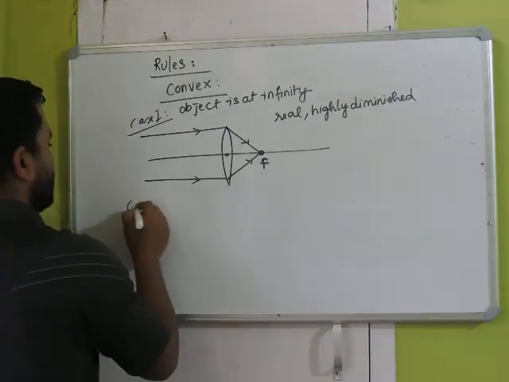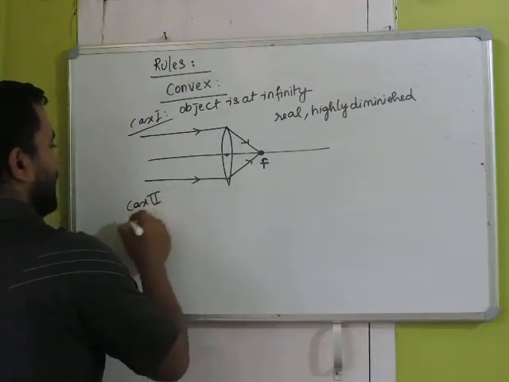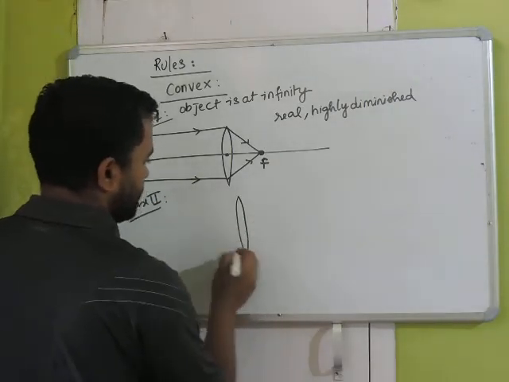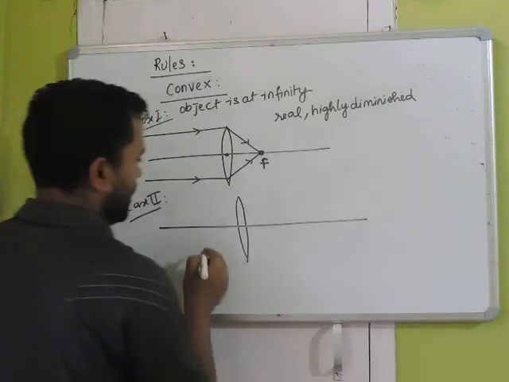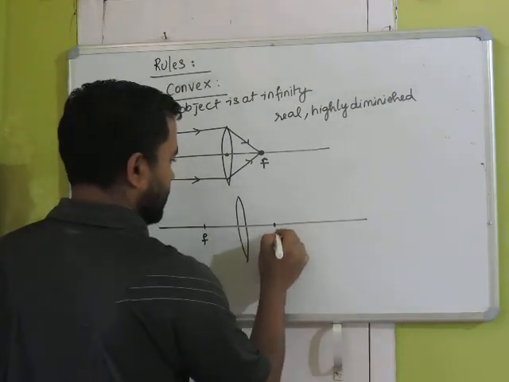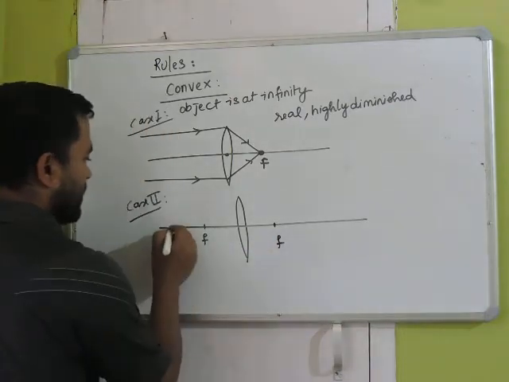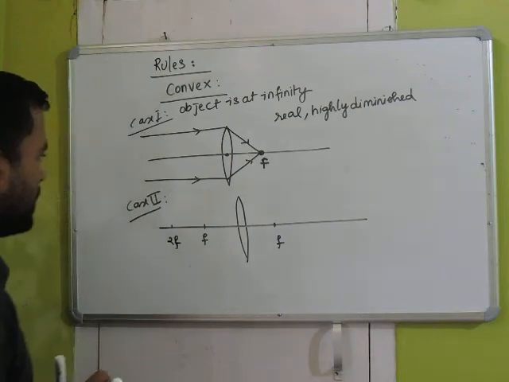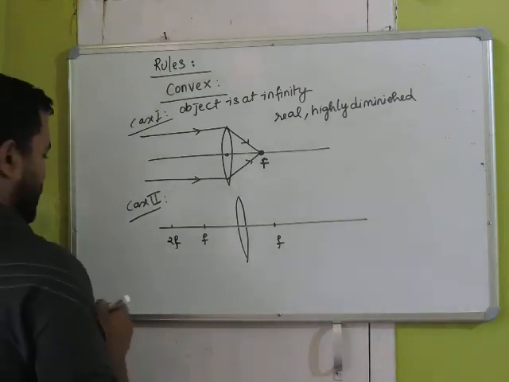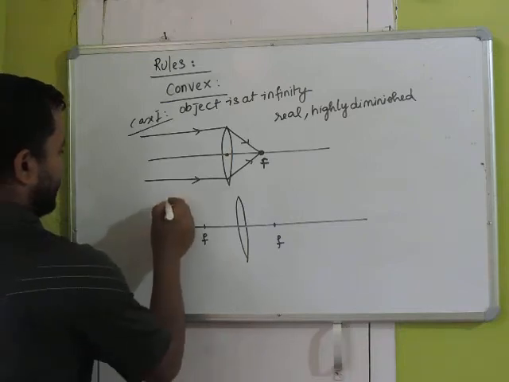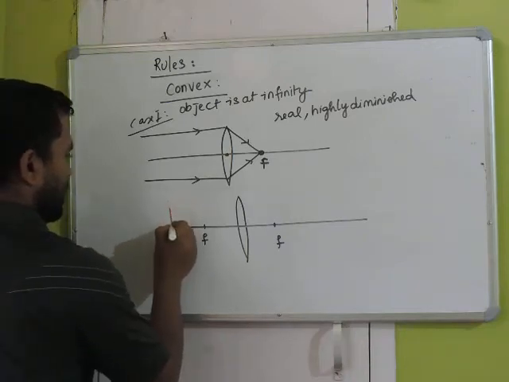Now case 2, let us say when the object is, this is focus and this is focus. Let us say when the object is at 2f. Okay, so when the object is at 2f, let us say this is our object.